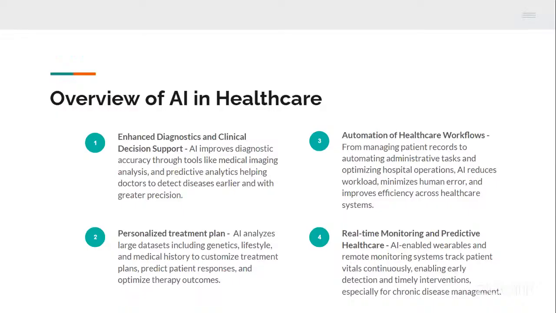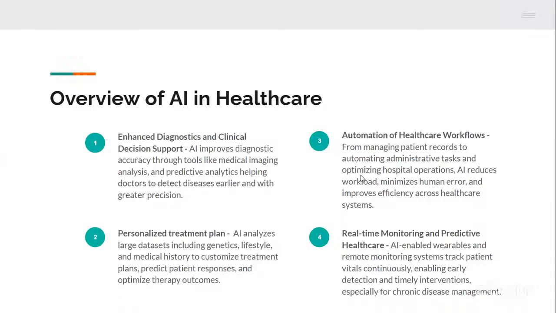This is the least glamorous, but it plays a major role. It saves a large amount of time and reduces burnout of healthcare workers. It helps manage patient records, automate administrative tasks, and optimize hospital operations. AI greatly reduces the workload here. So we introduce AI in this way.